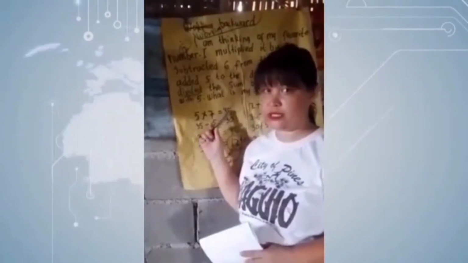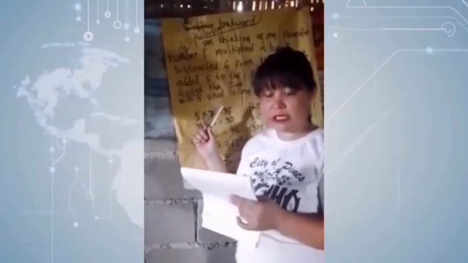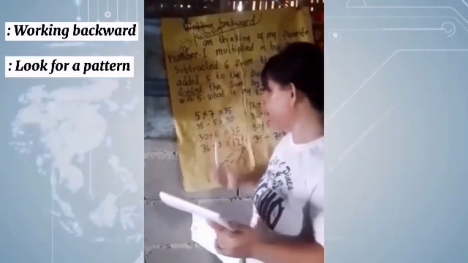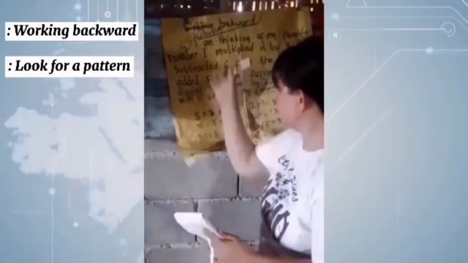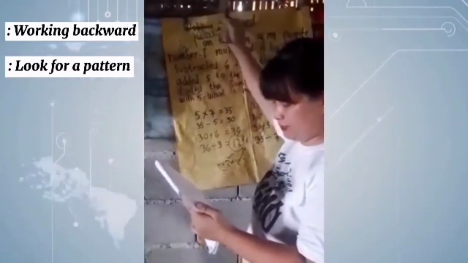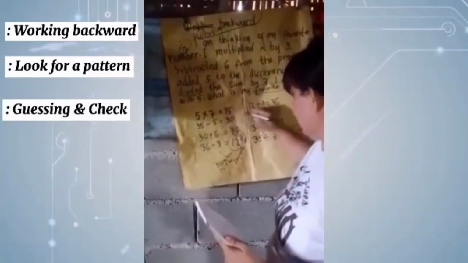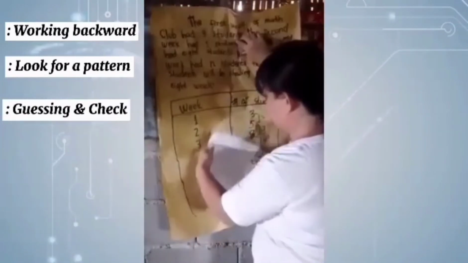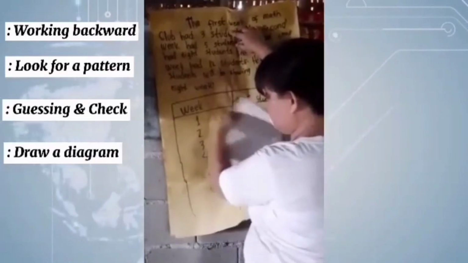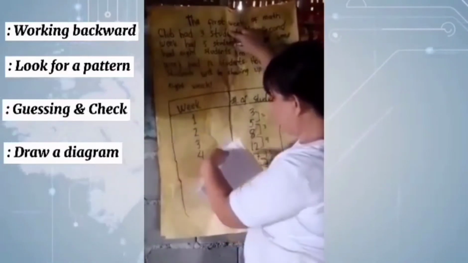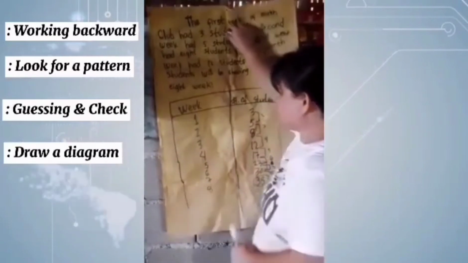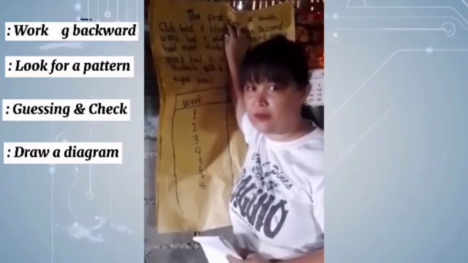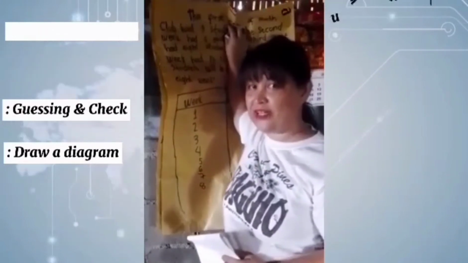The strategies to solve problems are working backward, look for a pattern, guess and check, draw a diagram, and look for a pattern. Those are the examples of problem-solving strategies to solve a problem. That's all. Thank you.